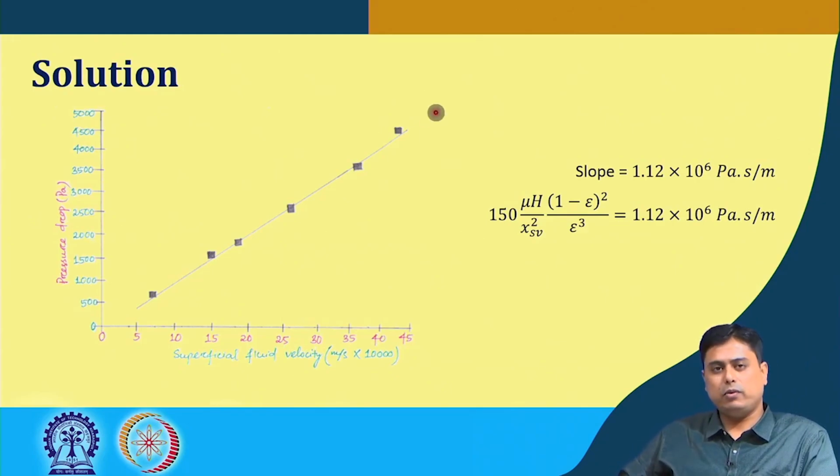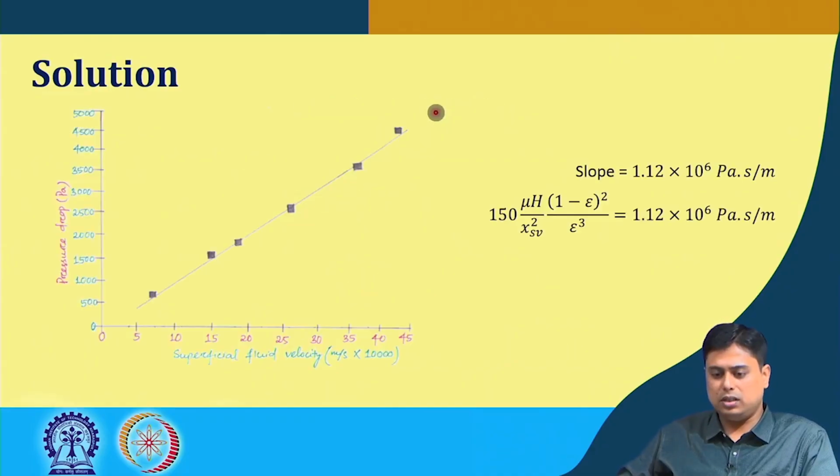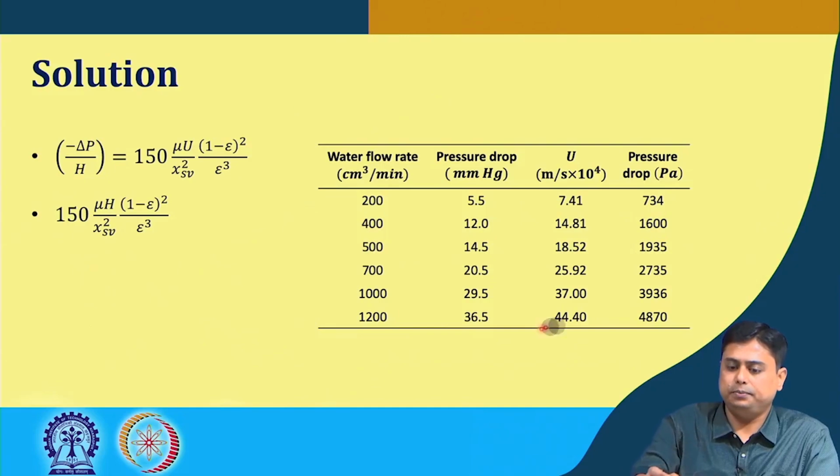In other problems, when we solved them, we assumed laminar conditions and then solved the problem. Here all the data points and experimental results were given, so there is no point of any verification of the Reynolds number, but we had to calculate what the Reynolds number is, with the highest velocity from this table.